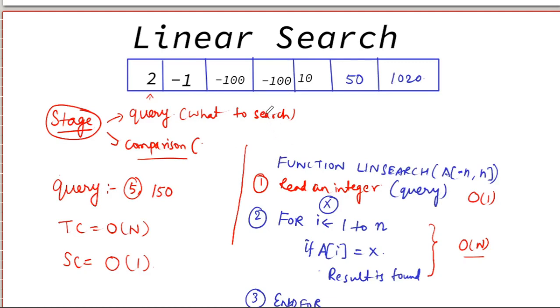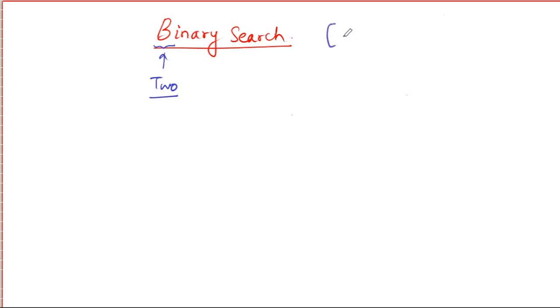That is the idea of using binary search. Binary search: bi means 2, and so this is basically searching in two halves.